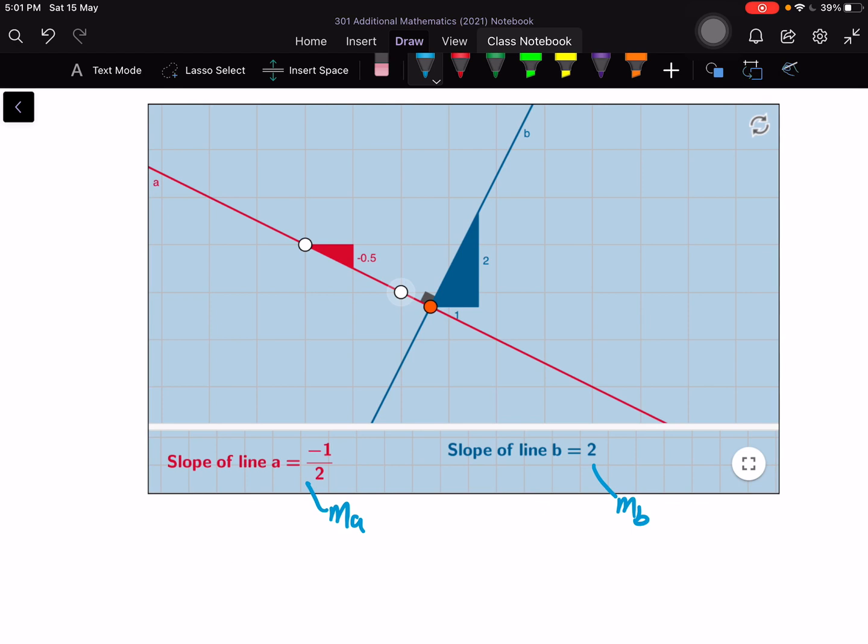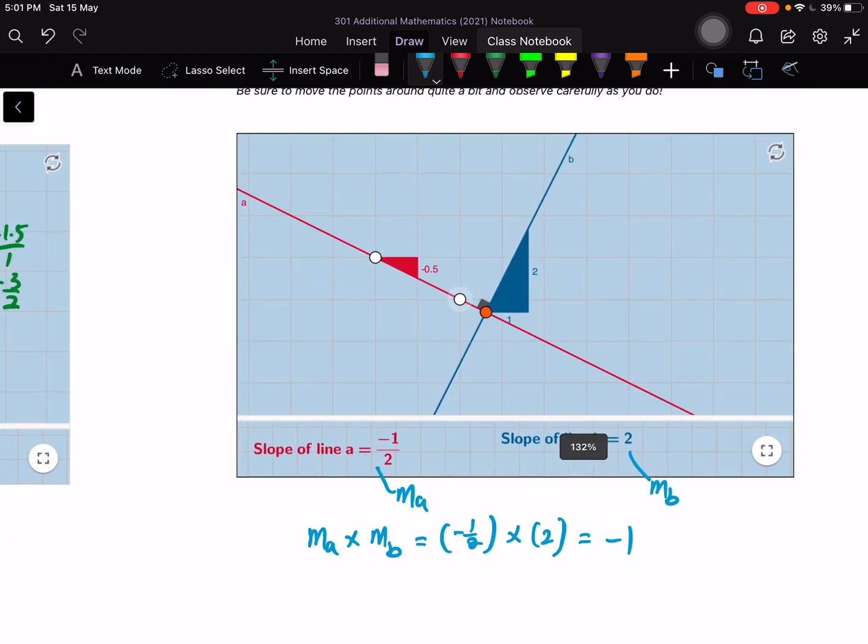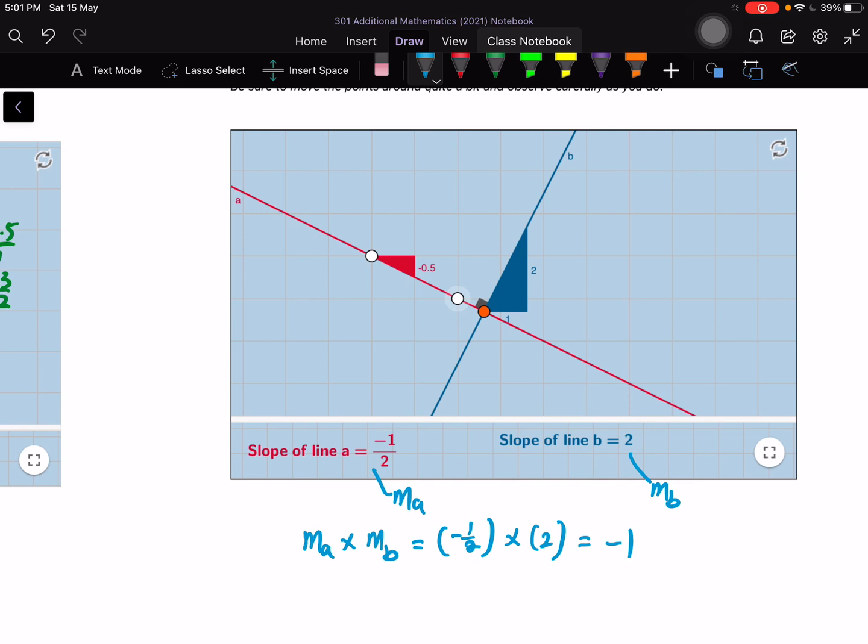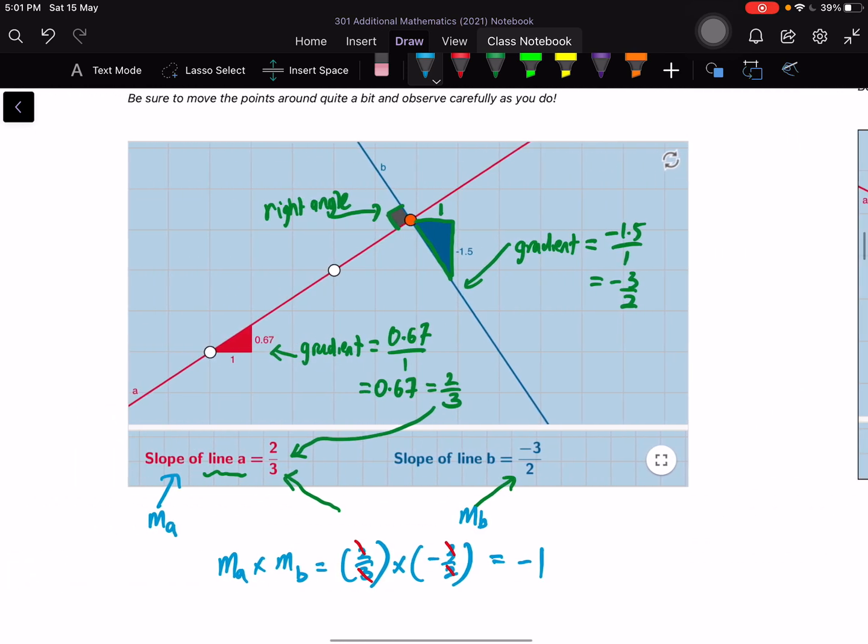Let's multiply them again. You get negative half times 2. What do you get? Once again, you get negative 1. In the first example, when you multiply the two gradients together, you also get negative 1.